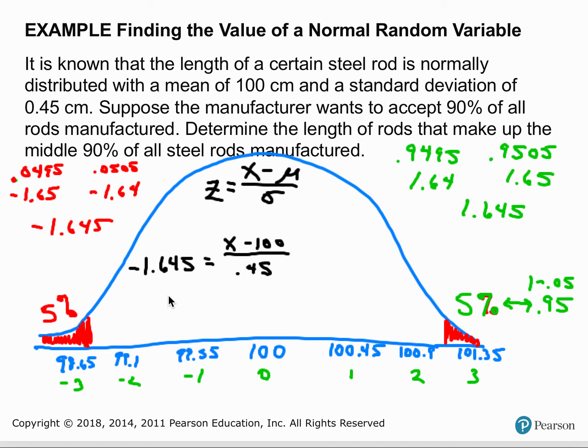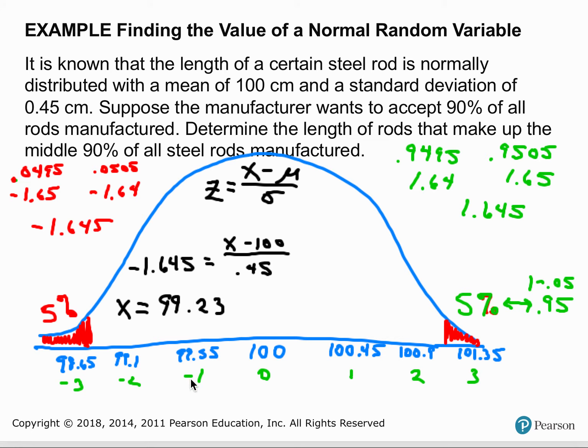So turn your calculator on. Negative 1.645 times 0.45, getting rid of the fraction, and add 100. All right, so we get 99.23.